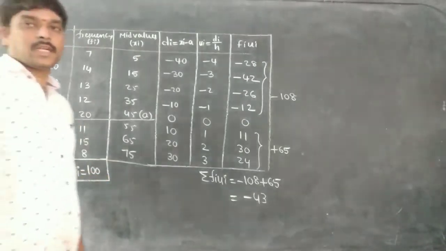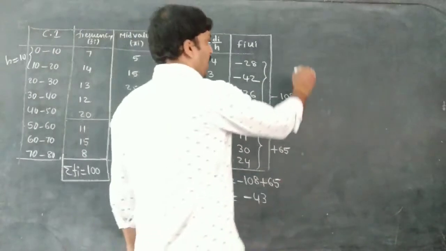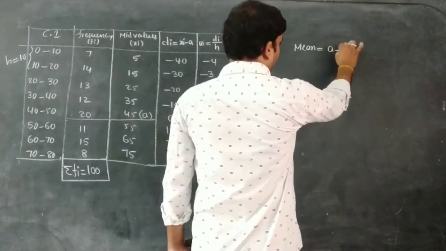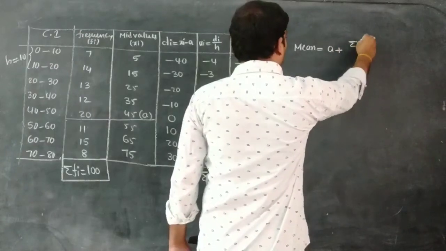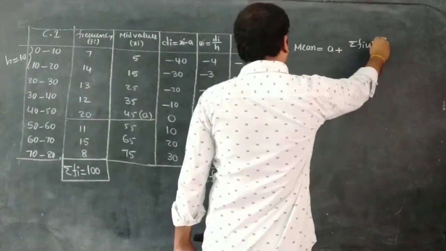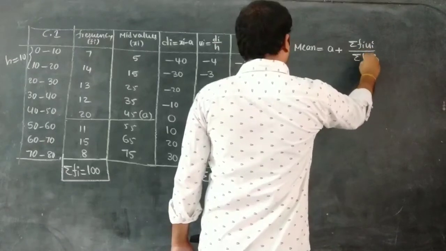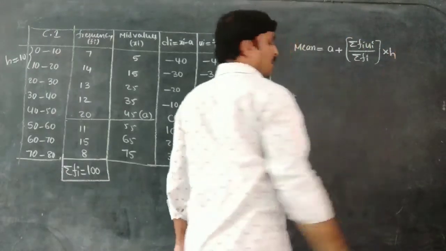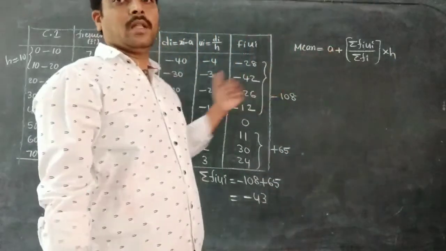Okay, now the step deviation method mean formula. Mean is equal to A plus sigma fi ui by sigma fi into h. Everything is in the table.